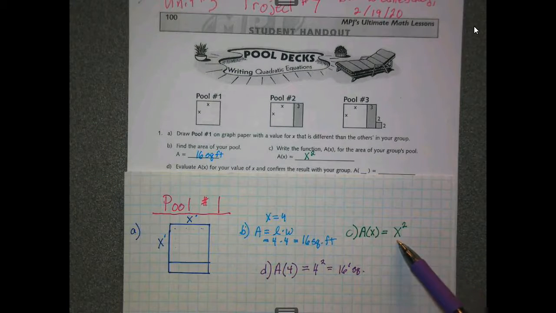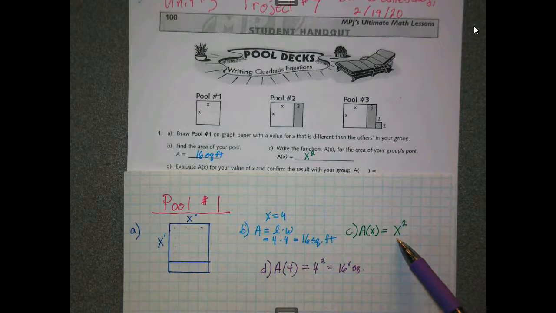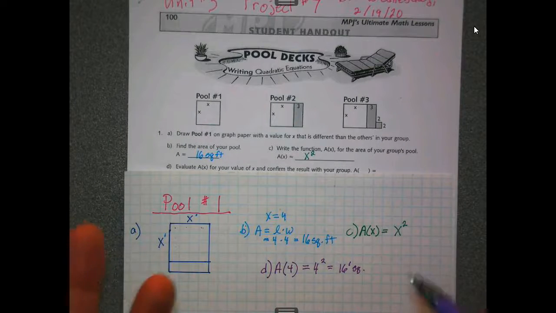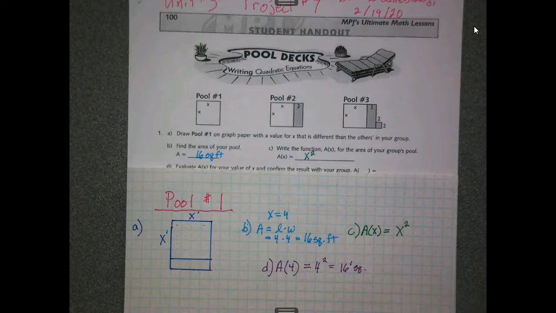What kind of form are we in here? What kind of function do I have? Getting close. Quadratic, right? X squared is a quadratic function. So the whole goal here is, what?